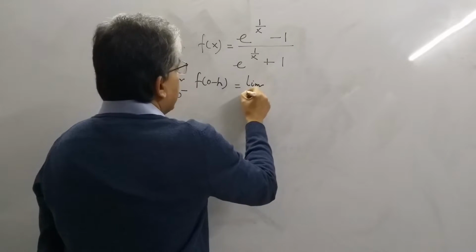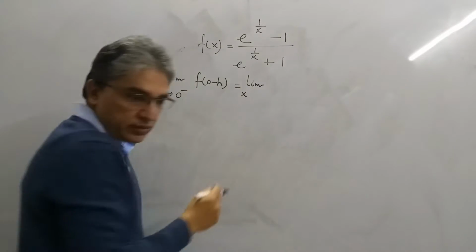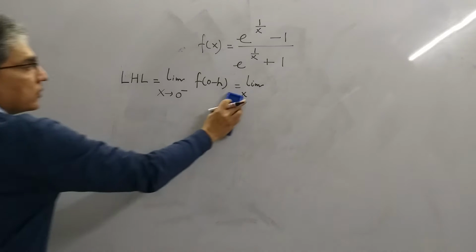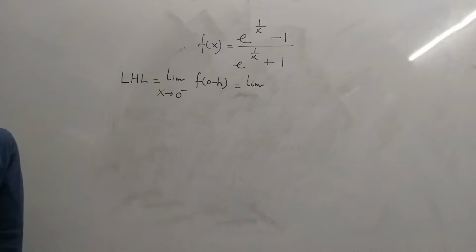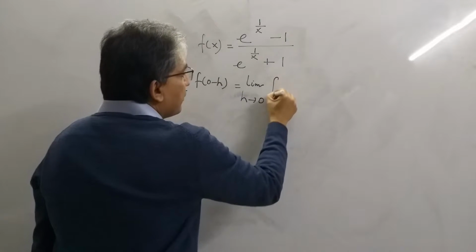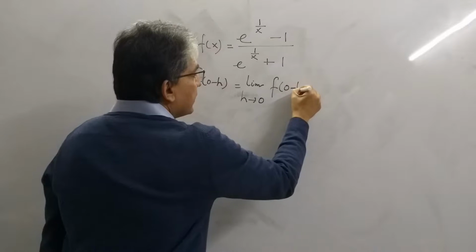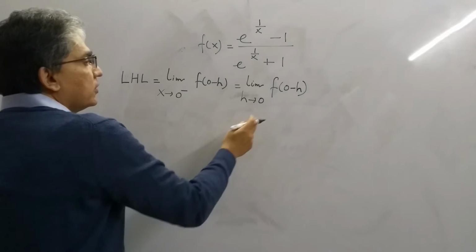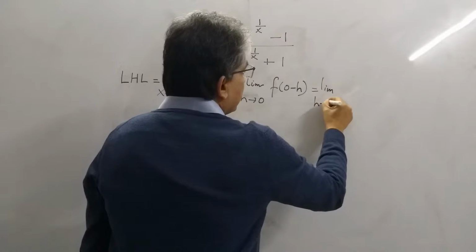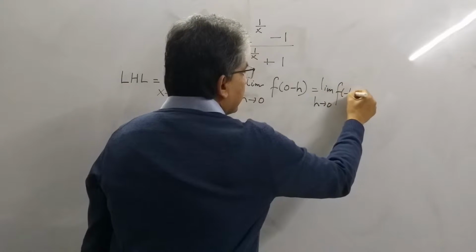This is limit h tends to 0 f(0 minus h). So this is basically limit h tends to 0 f(minus h).